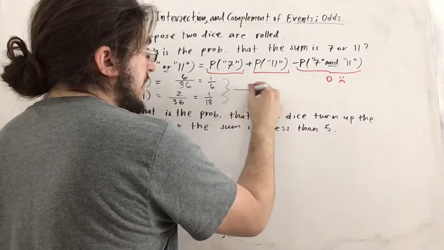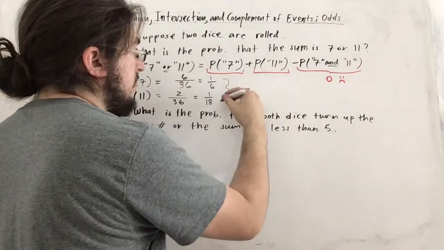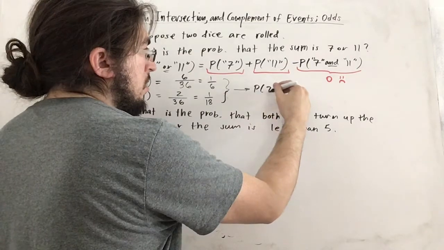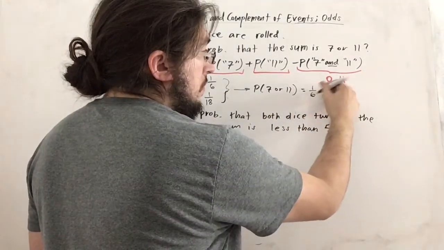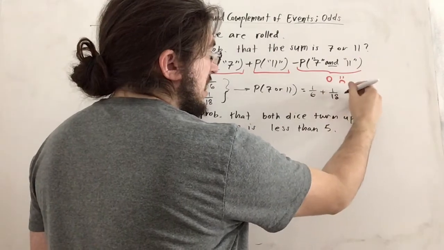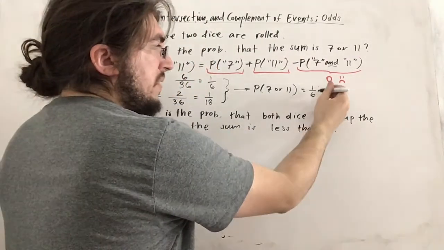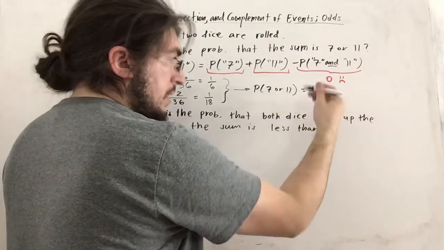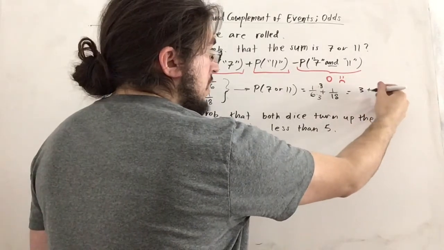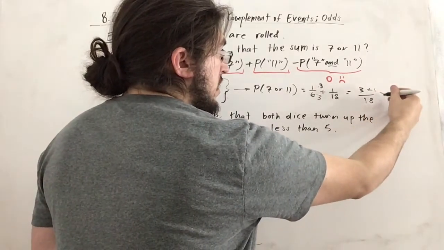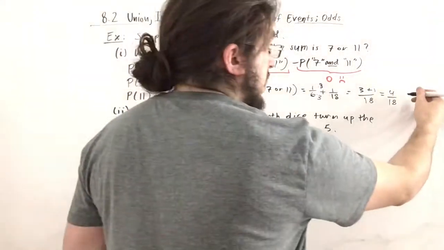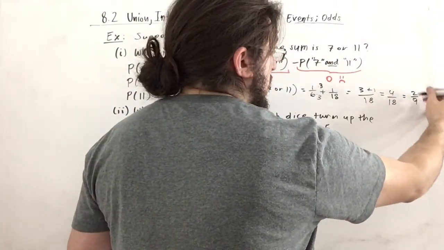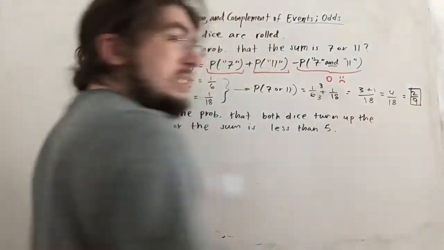So these two combined tell us that the probability of rolling a 7 or 11 is 1 over 6 plus 1 over 18. And really here all we have to do is multiply top and bottom by 3. And we get 3 plus 1 over 18, which is 4 over 18, which reduces to 2 over 9 actually. Awesome. So that actually wasn't too bad.